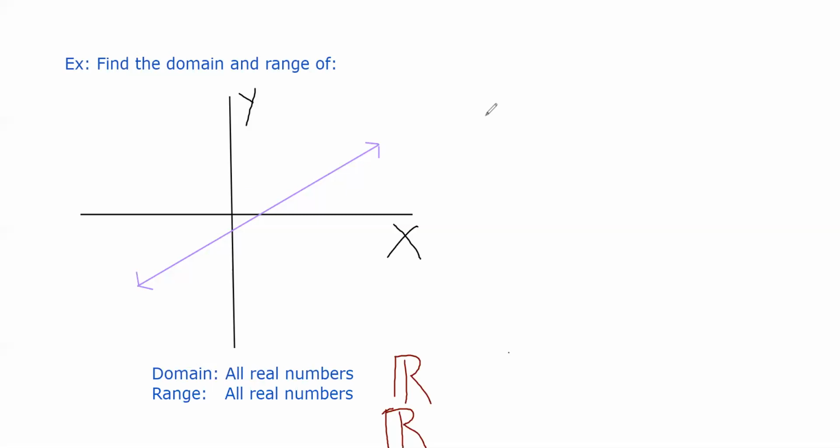You can also use interval notation, negative infinity to positive infinity. Maybe I'll draw it a little bit better than that. Those are all different ways you can say all real numbers.